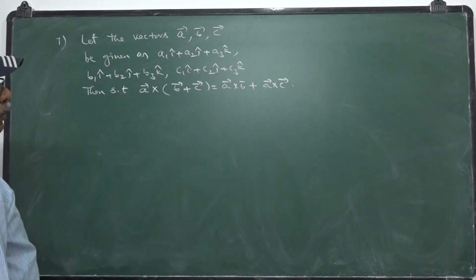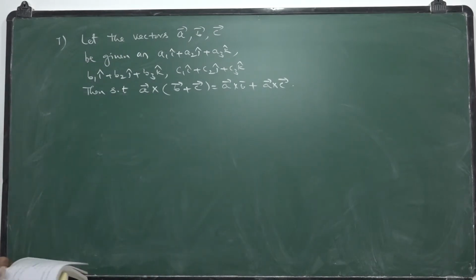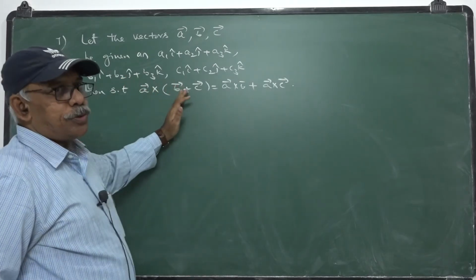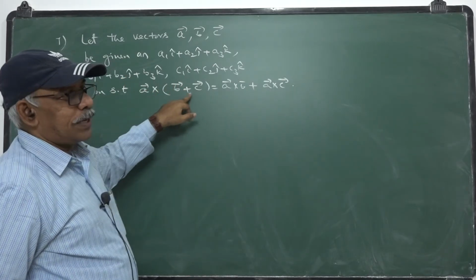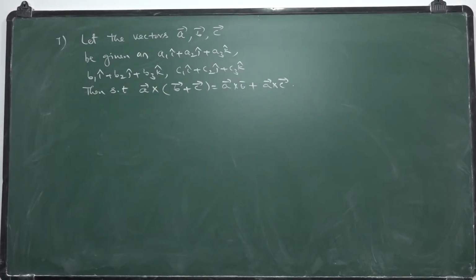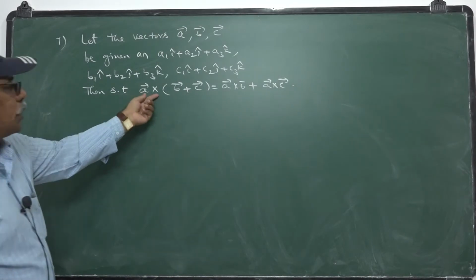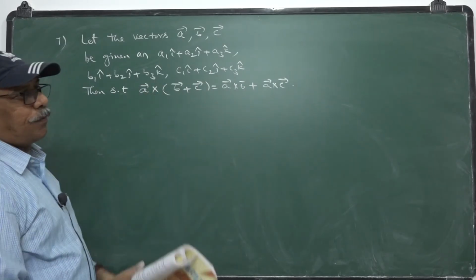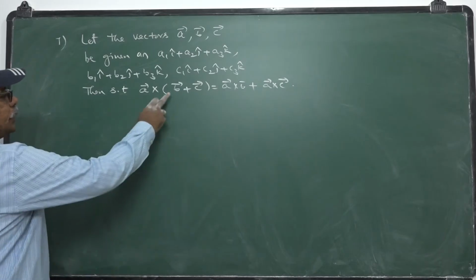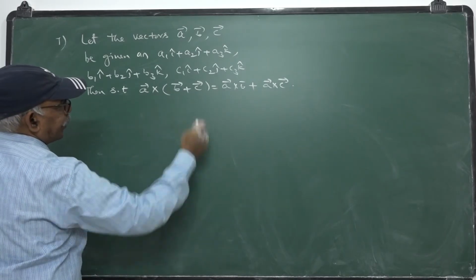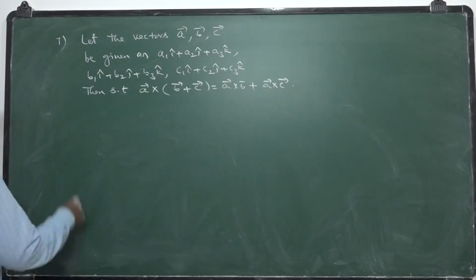That means here we have to show that the cross product follows the right distributive law with respect to vector addition. With respect to vector addition, the cross product follows distributivity. That is to be proved here.